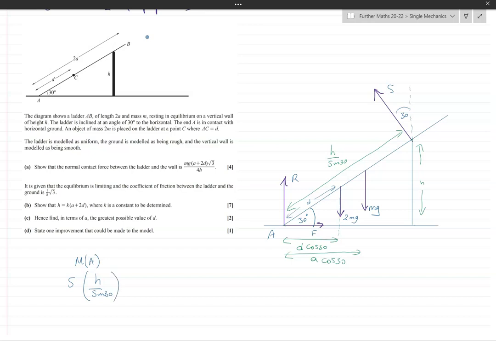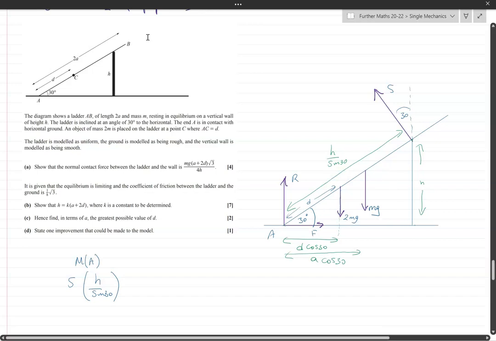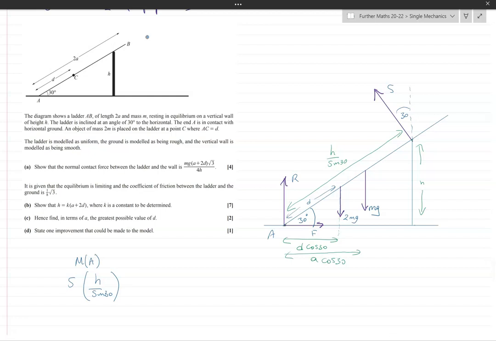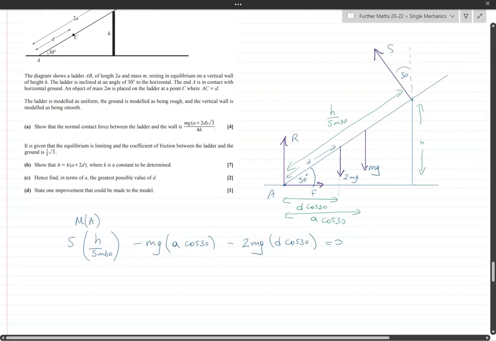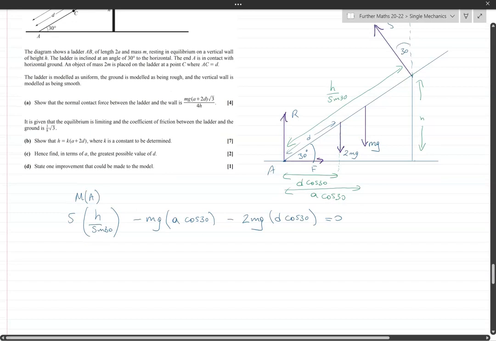And these two both go in the opposite sense, clockwise about A. So we've got minus mg times a cos 30, and minus 2mg times d cos 30. Hopefully that will get to this expression, but we're going to have to show that it is. We can't just write the expression out.